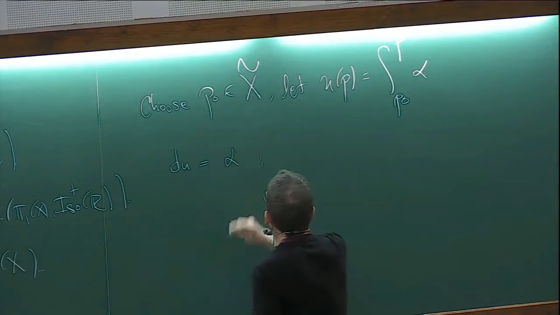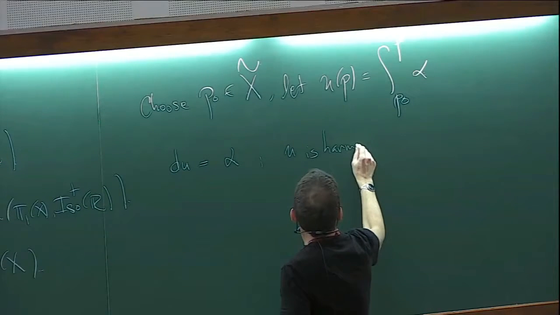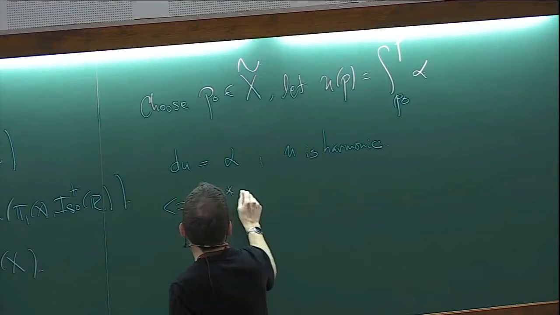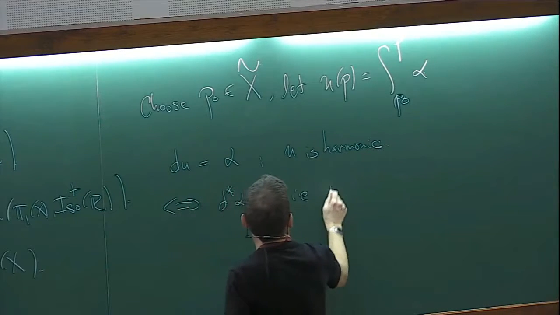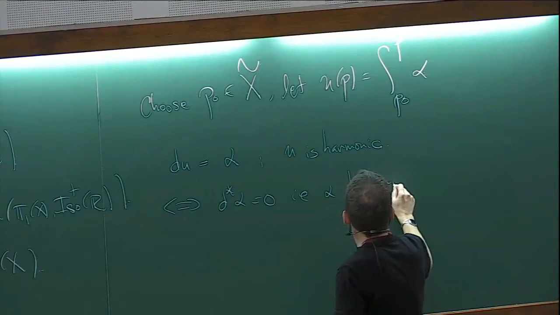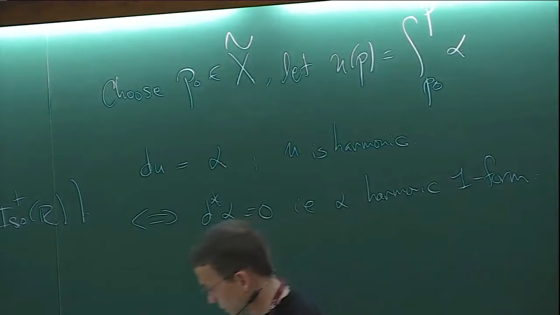And to say that u is harmonic, that's if and only if the star of alpha is 0, i.e. alpha is a harmonic one-form. Okay, so this is a very relevant example for us.